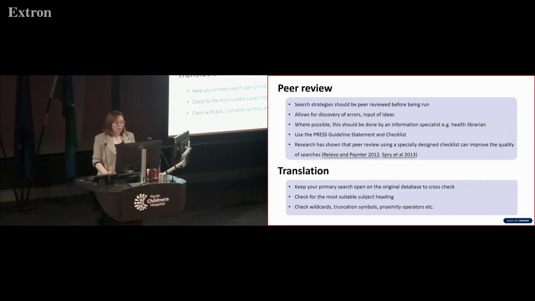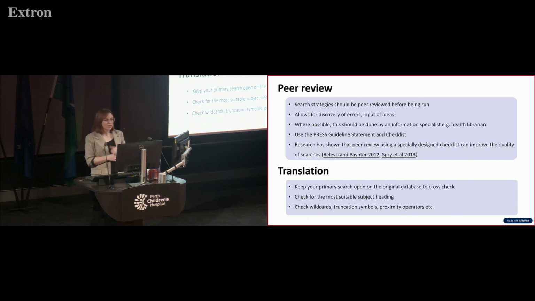So it's also really highly recommended that you get your search strategy peer reviewed. What this does is it allows for discovery of errors and also input of ideas from the person who is peer reviewing.